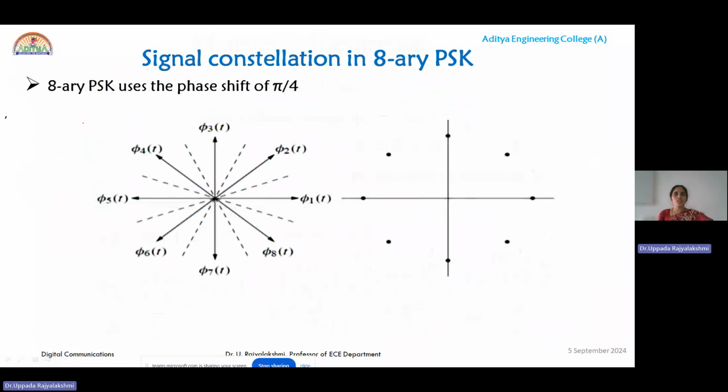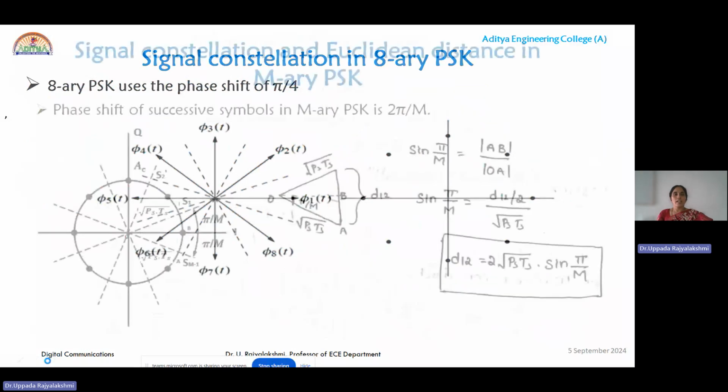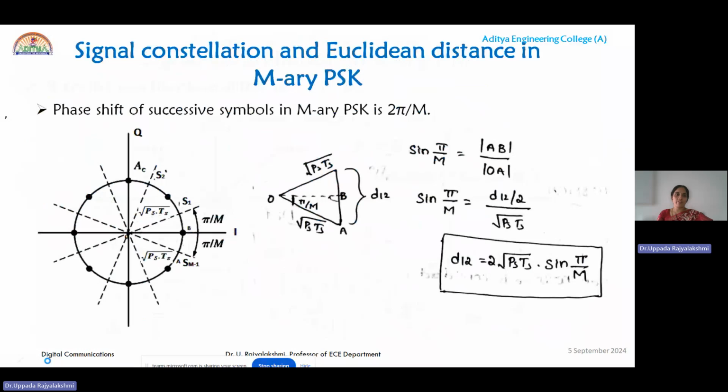Let us see the constellation diagram of 8-ary PSK, where you will have 8 phase changes. If you observe the figure, you can see that there are 8 phase changes, and each has a phase shift of pi by 4. Similarly, if you extend the same to M-ary PSK, you will have a total of capital M phase changes with a phase shift of 2 pi by M.